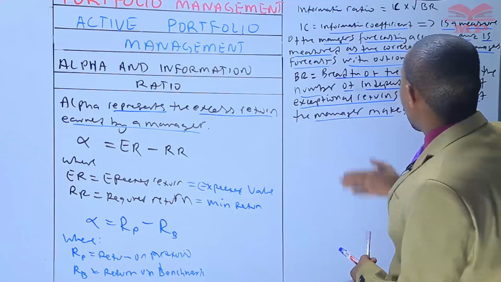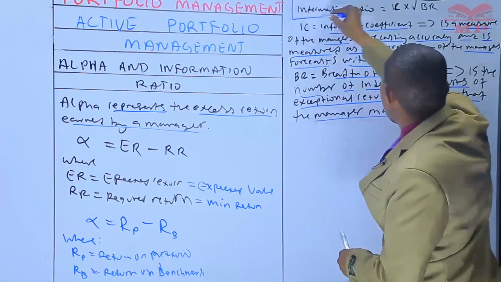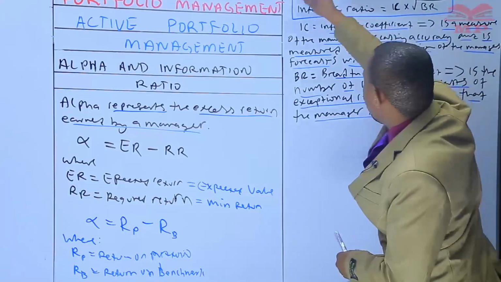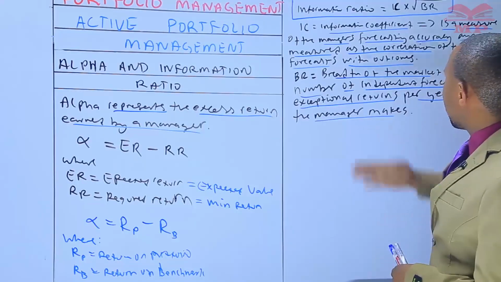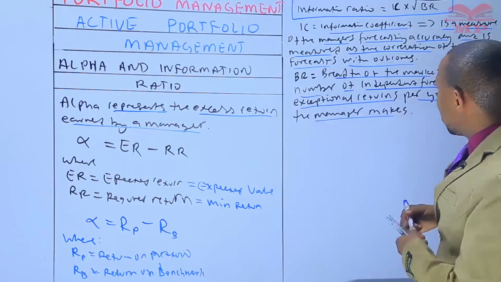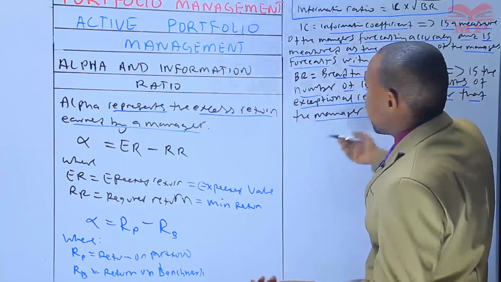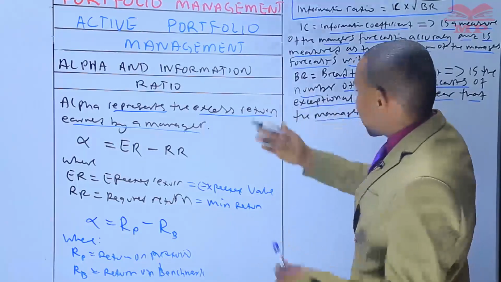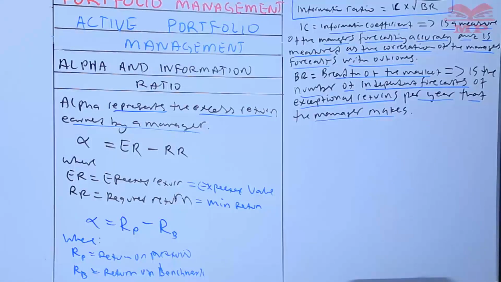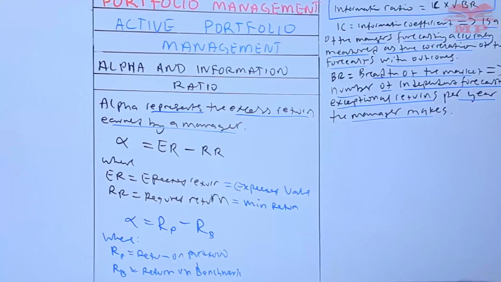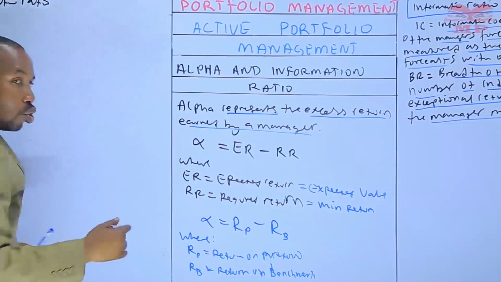Having said what the information ratio is, it is important to highlight these key formulae because these are the formulae that CASNEB usually likes to test on. There is another formula for the information ratio, though it is not usually tested so much.